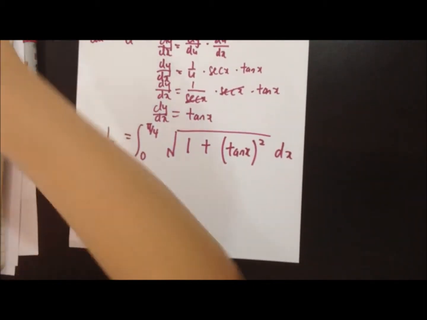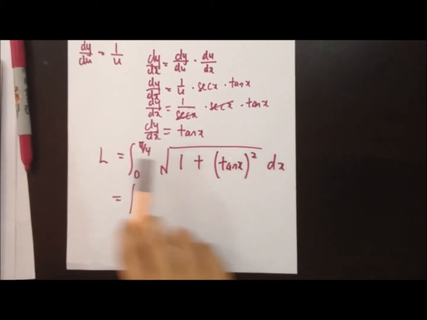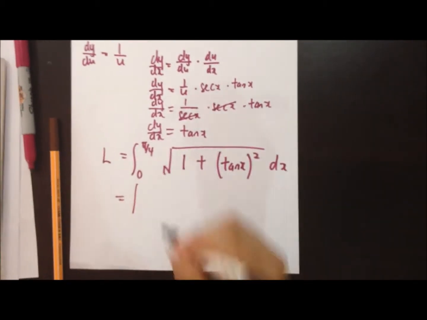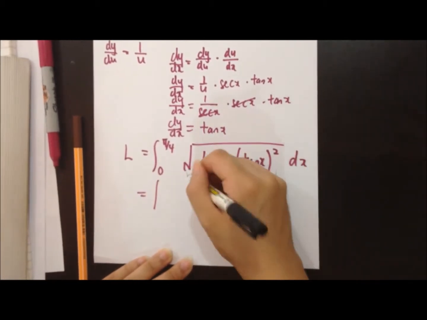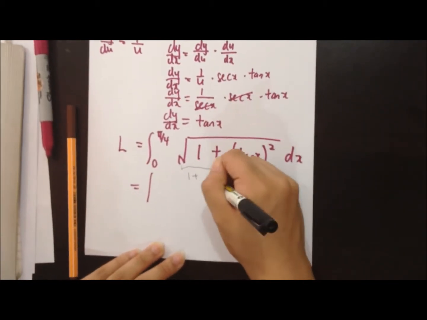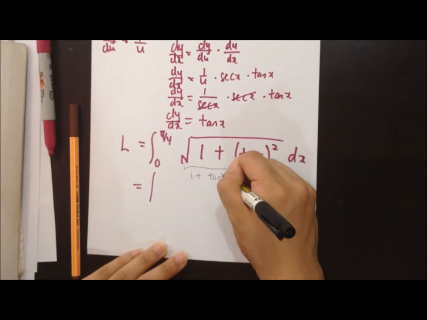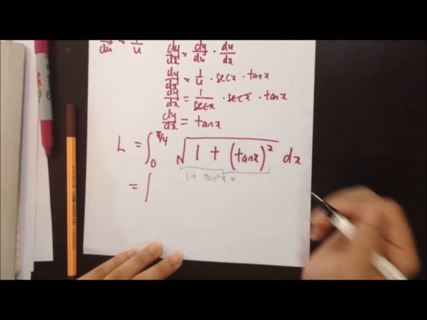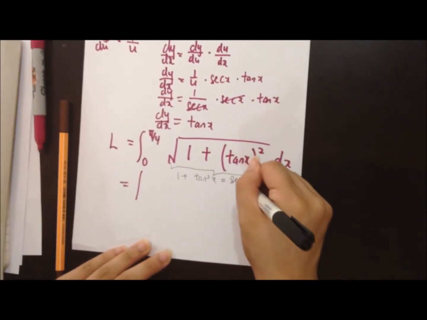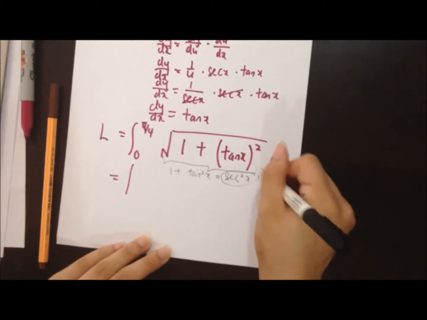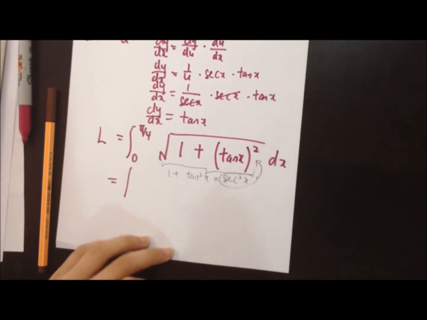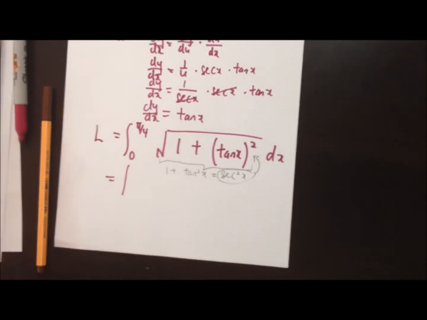Now, based on 1 plus tangent x squared, based on the trigonometry formula, 1 plus tangent squared x is equal to secant squared x. So we can replace it by secant x squared.